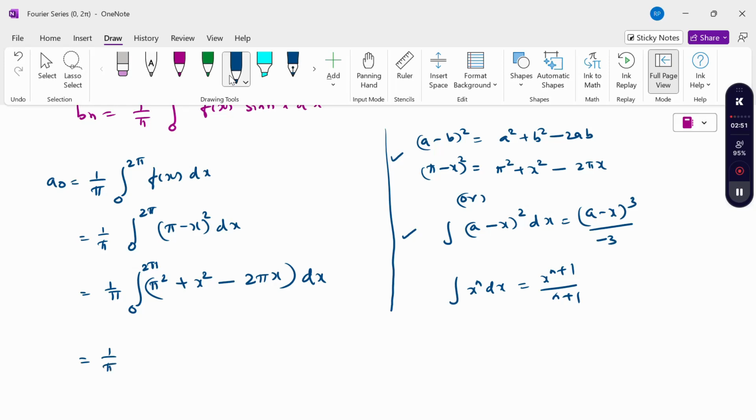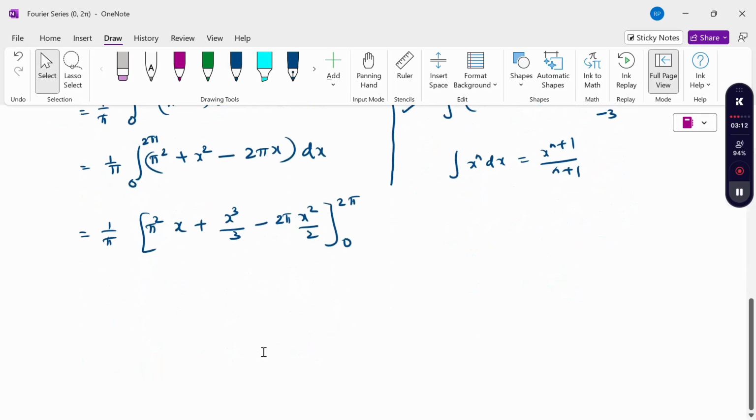Integration of pi square dx is pi square times x, x square dx gives x cube by 3, and minus 2 pi times x dx gives x square by 2, with the limits 0 to 2 pi.